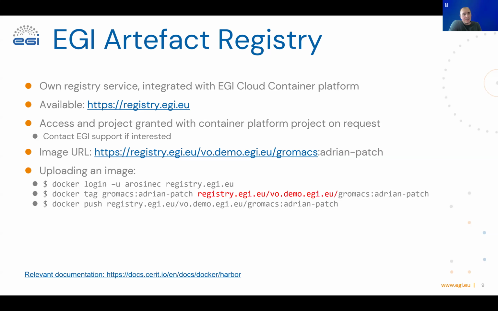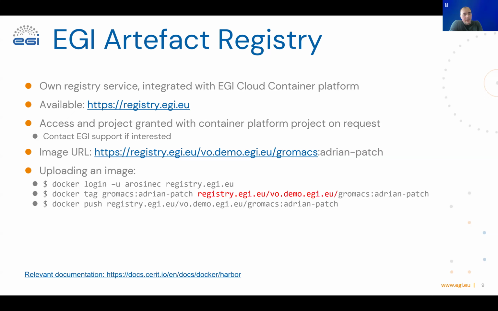And you can interact with the service with native tools like Docker. You can log in to the Docker registry. You will only need the command line token generated from registry.egi.eu, but we have it in the documentation. I'm having the link here in the slides.